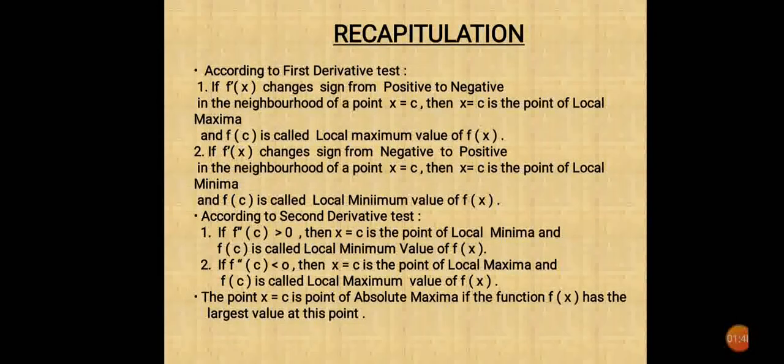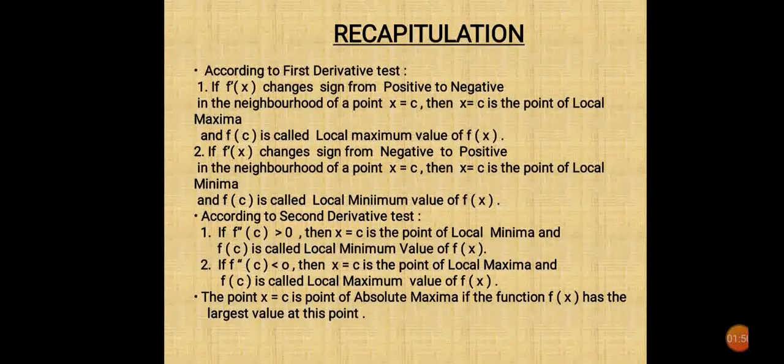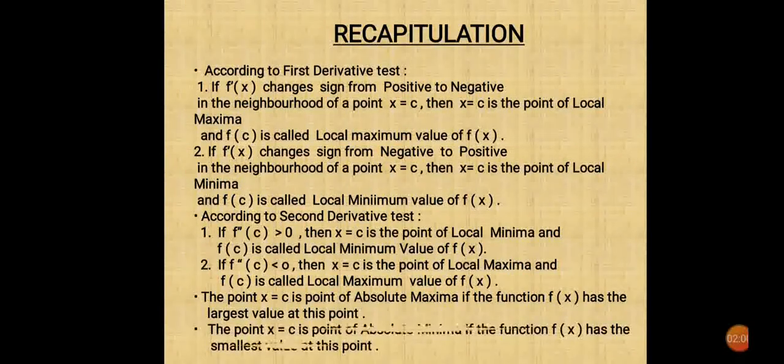And we have also studied that point x is equal to c is the point of absolute maxima if the function fx has the largest value at this point, and it is the point of absolute minima if the function fx has the smallest value at this point.